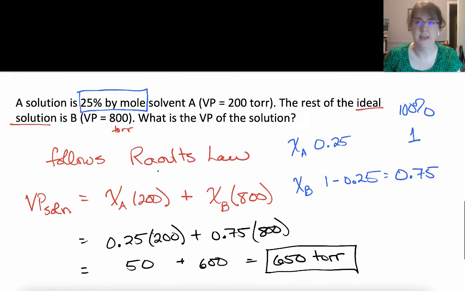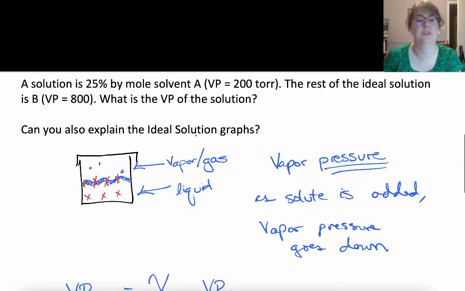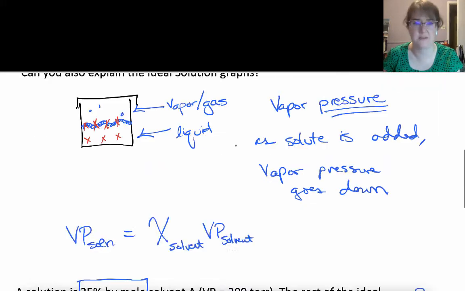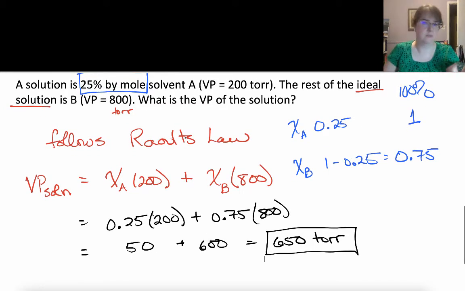Now, the last request in here was to deal with the ideal solution graphs. What these graphs usually look like is, let's say that, sure, for this exact example, I had 25% by mole A, which means I have 75% by mole B. But what if I was considering a different percentage?